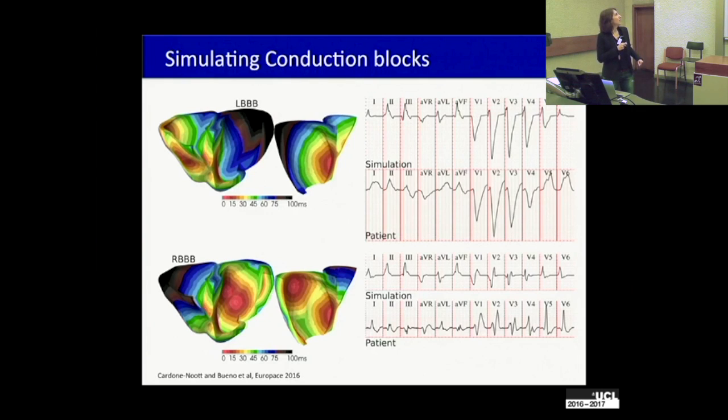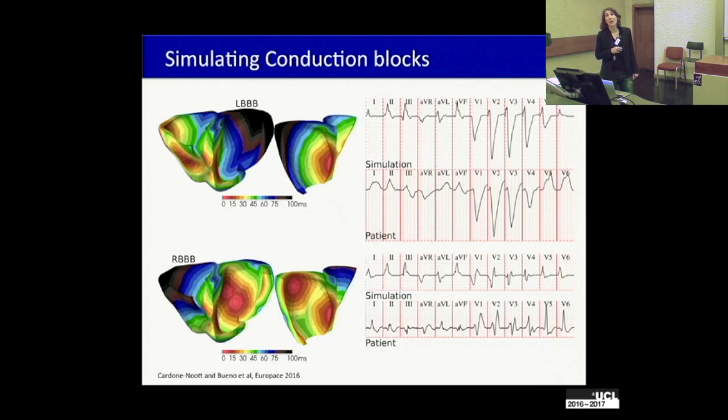The same happens with the right bundle branch block, in which the right ventricle stimulation is delayed. These are the results of our simulations of this pathology, and this is the comparison with the patients diagnosed with this pathology for left bundle branch block and right bundle branch block.